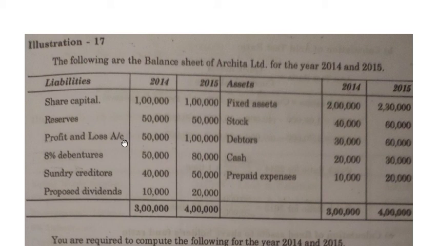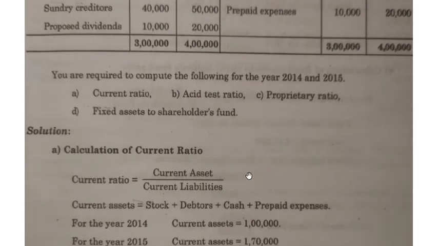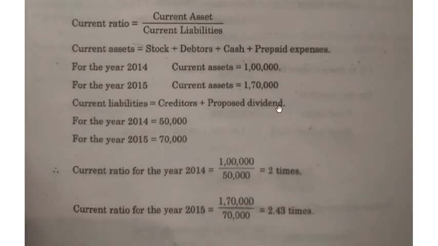So consider your current assets. What are your current assets? Stock, debtors, cash and prepaid expenses. So year by year we total it up and it comes up to 1 lakh and 1,70,000. So current liabilities, creditors plus proposed dividend for the year 2014 it is 50,000, 2015 it is 70,000.